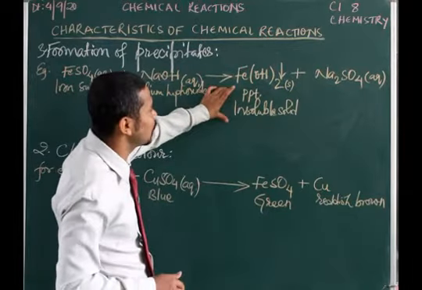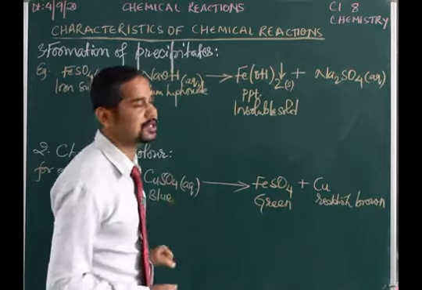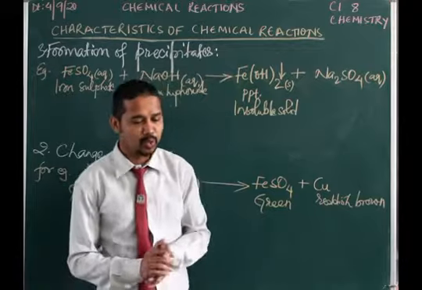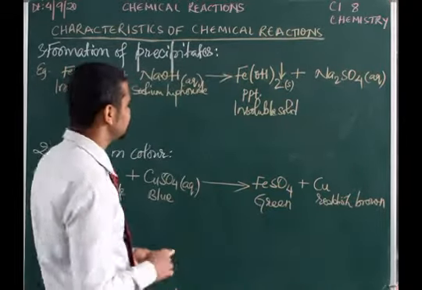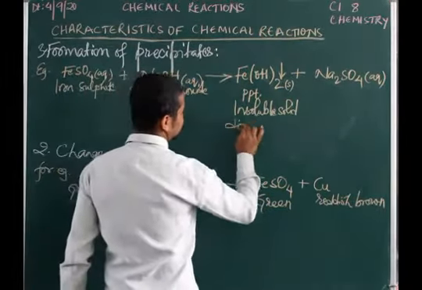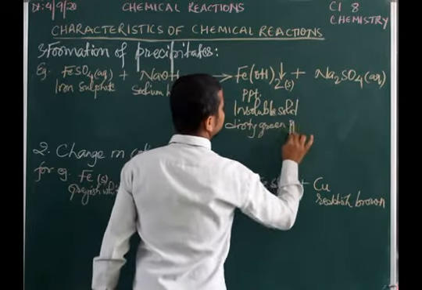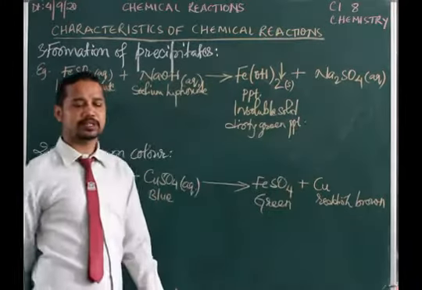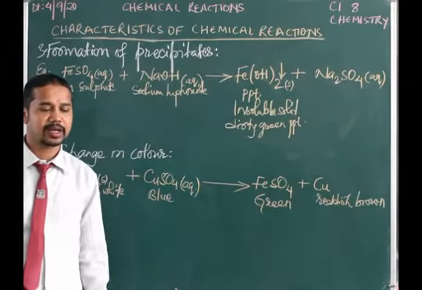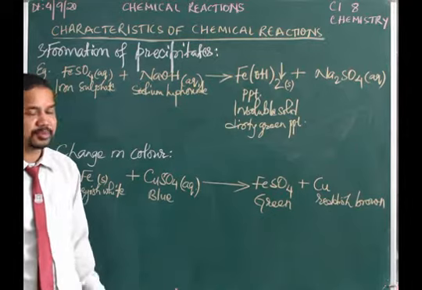So this is the insoluble solid formed, and what is the color of this? A dirty green precipitate will be formed. What kind of precipitate, what kind of solid will be formed?